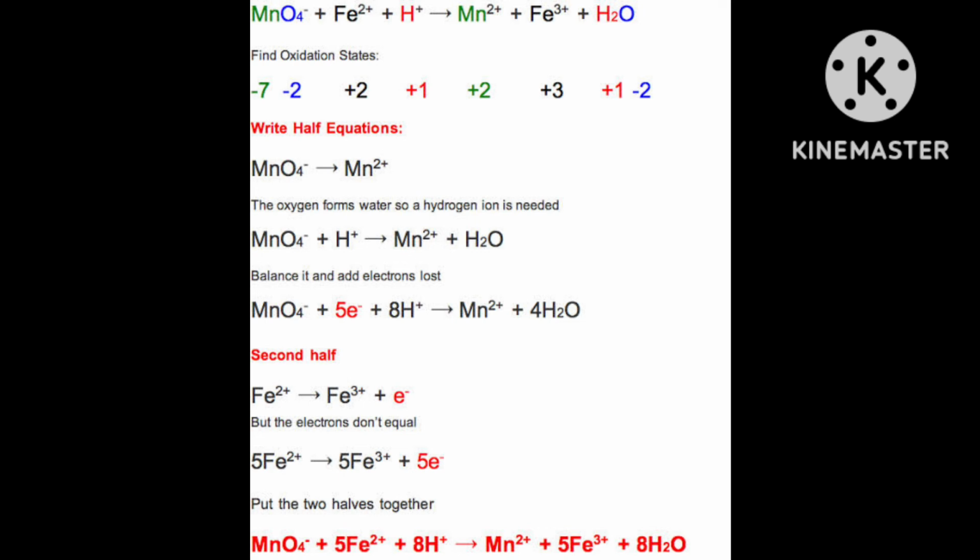If you are only balancing atoms, that time it is not called half oxidation or half reduction. Atom-wise balancing is not called oxidation or reduction. When you are writing electrons, only then it is called oxidation or reduction, because the oxidation reduction process is related to loss or gain of electron.